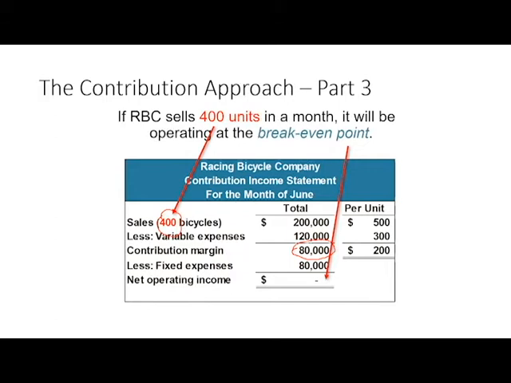Now the fixed cost is 80,000, and when the company sold 400 units of bicycles, the company will achieve the break-even point, no gain, no loss. The contribution margin is just enough to cover the fixed expense of 80,000.